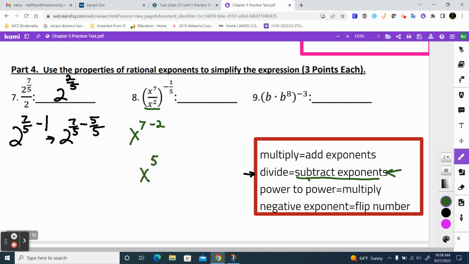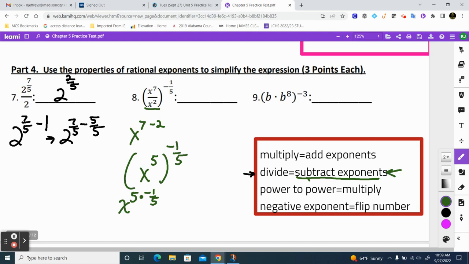All right, now I'm going to apply this. Now I'm going to do this power to a power. Okay, what does it say in power to a power? We do what? Multiply. Wow, so this would be x to the 5th times negative 1/5.